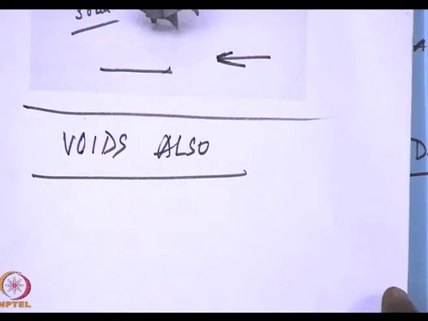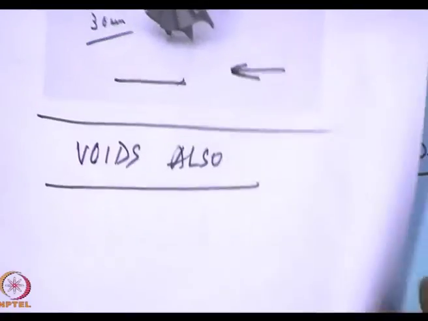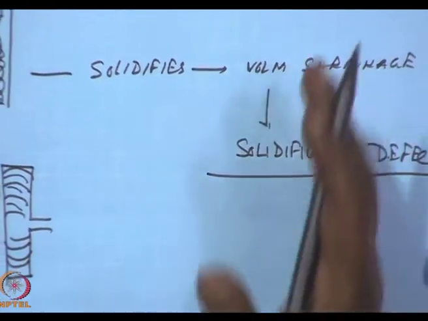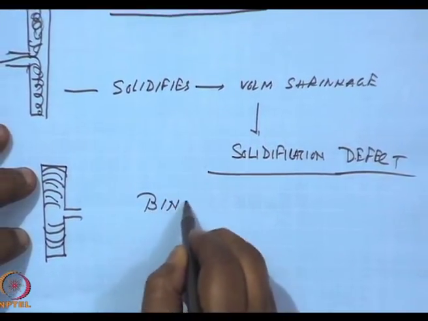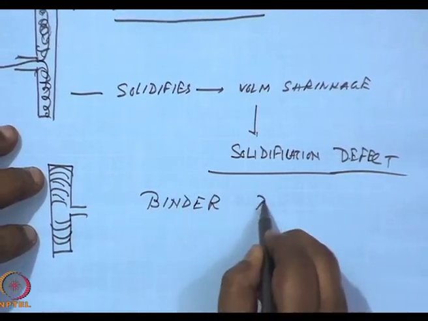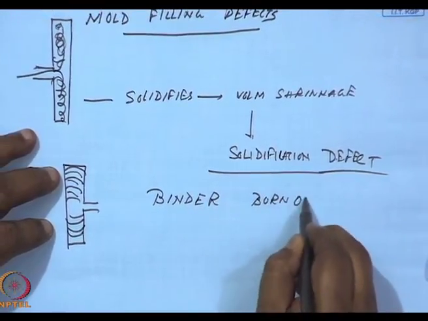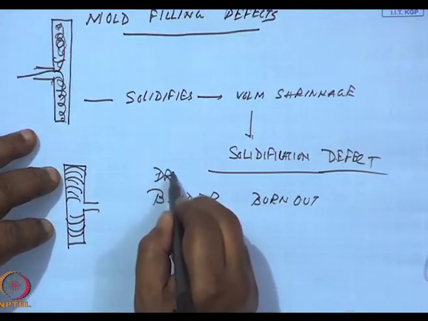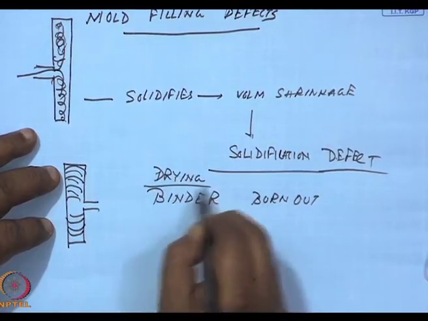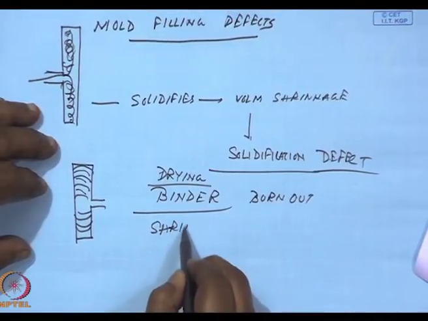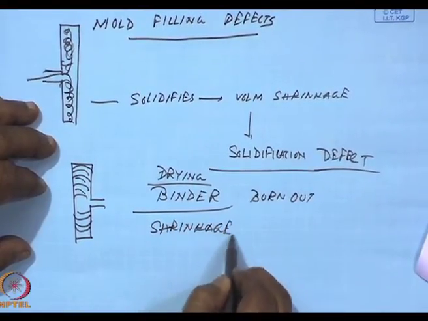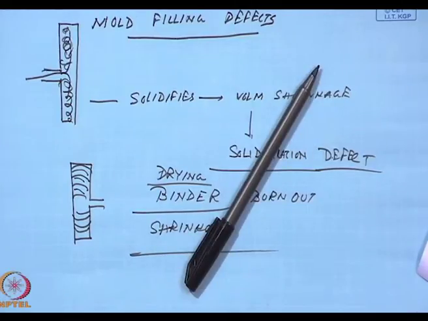Add to it my problem of everything that I talked of in extrusion: binder, burnout, or prior to that drying, binder burnout, shrinkage, all the problems that I discussed during extrusion are equally applicable over here.